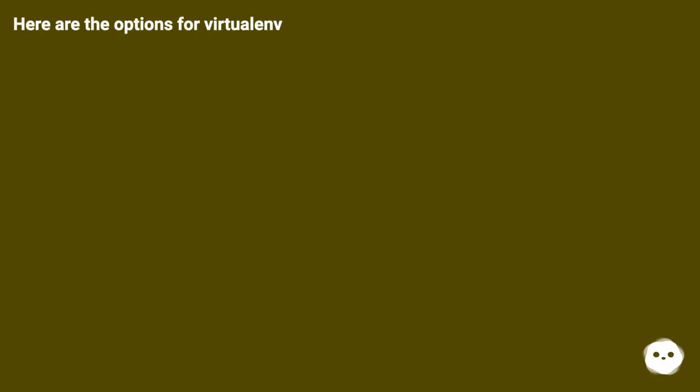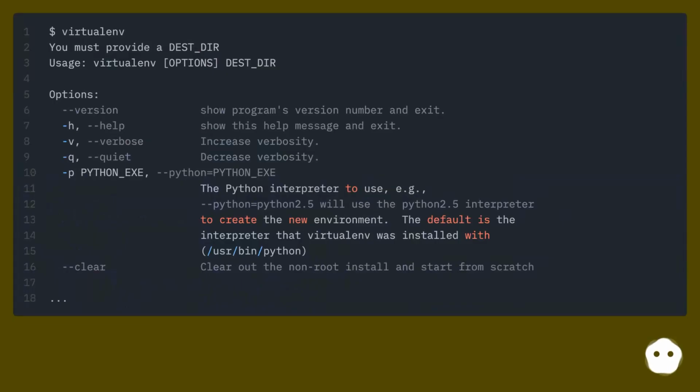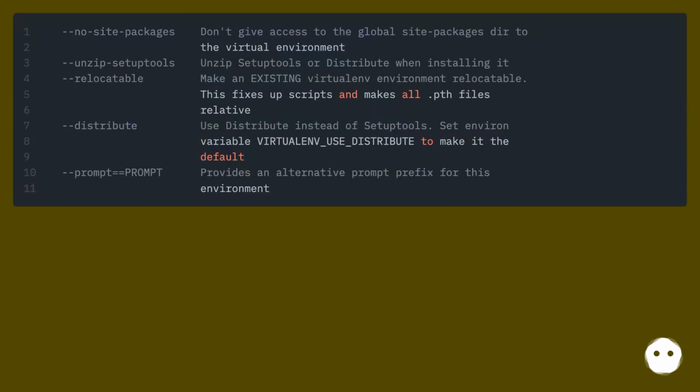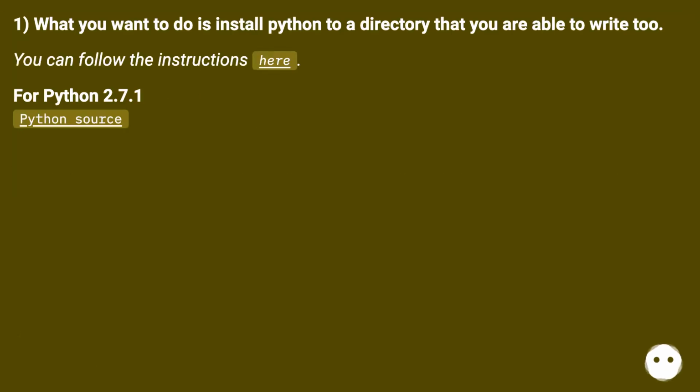Here are the options for Virtualenv. One, what you want to do is install Python to a directory that you are able to write to.